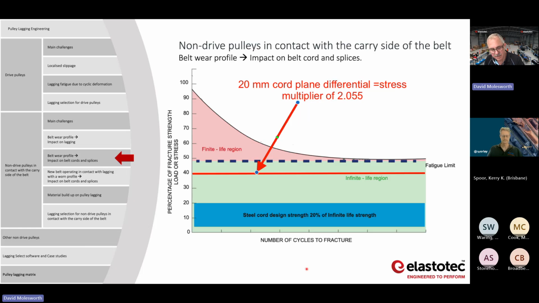Mariana looks after the lagging. She's a lot more familiar with it. But the answer is yes, we've seen that issue. And there has been analysis done using lagging select, but it's been referred back to Brad Lawson from CDI, who basically developed a lot of the algorithms in lagging select.